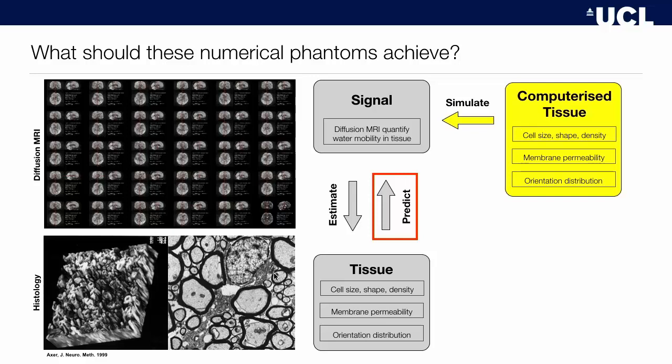Then we can use the model-based tools you developed to estimate from the signal the same parameters you prescribed, and that allows you to directly verify those parameters. I think that's a very useful way of looking at these types of applications.